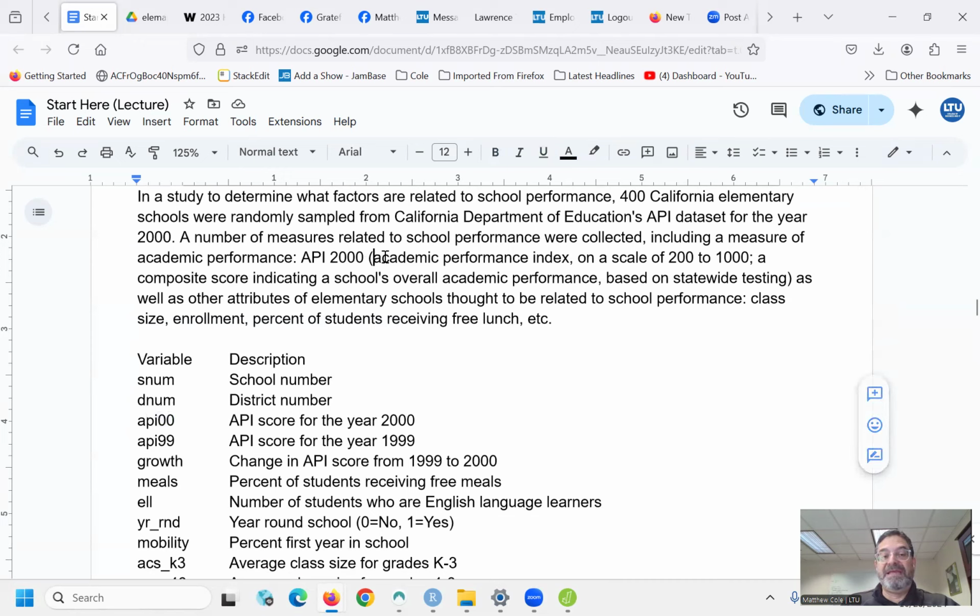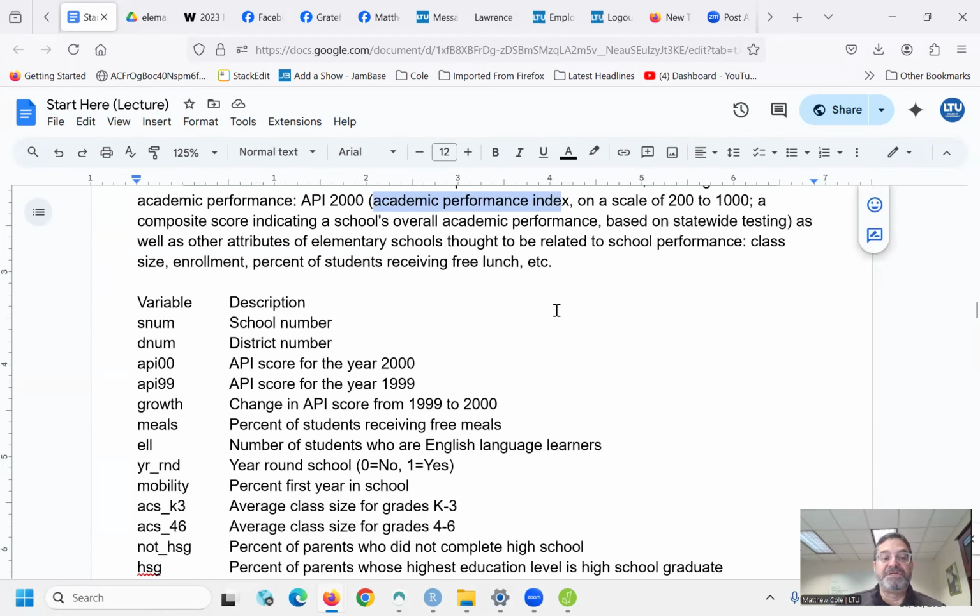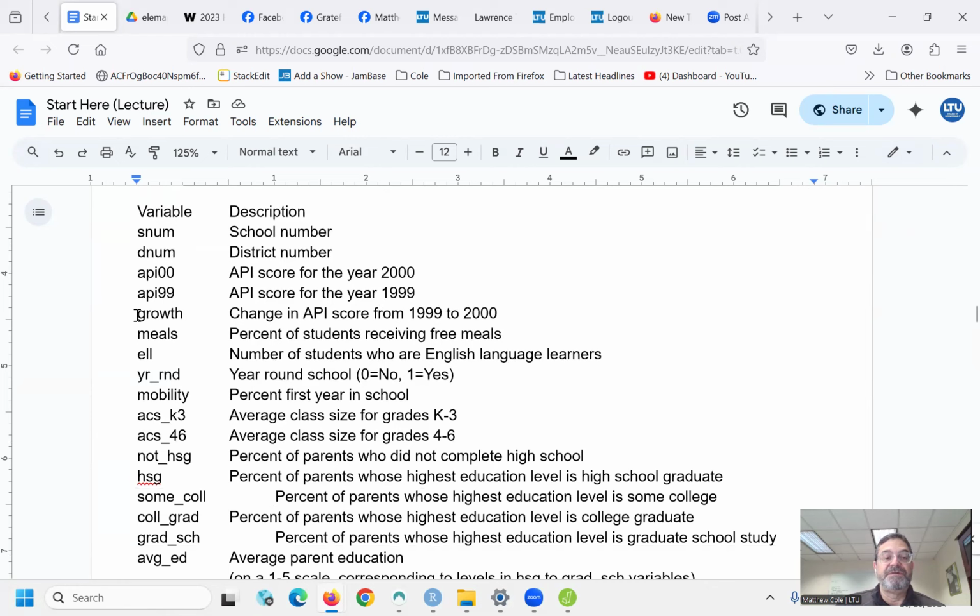What is API? That's the academic performance index on a scale of 200 to 1000. So think of this as basically academic performance from test scores, statewide testing by the students in a school. It's elementary schools. And then we have a bunch of predictor variables.